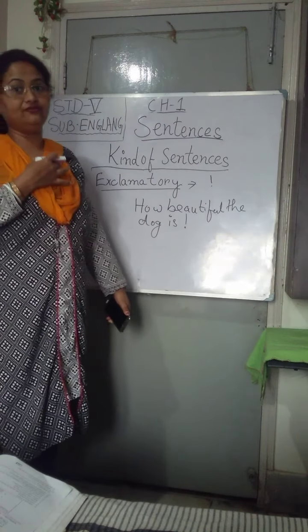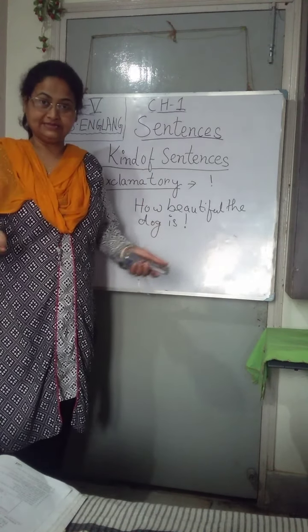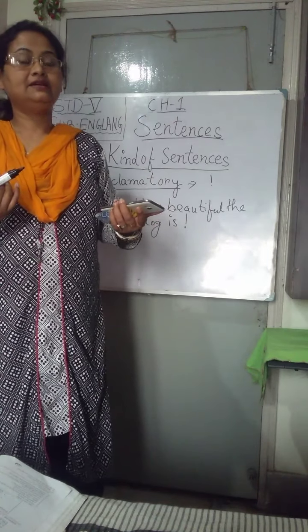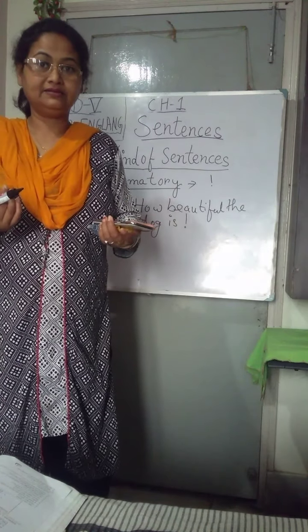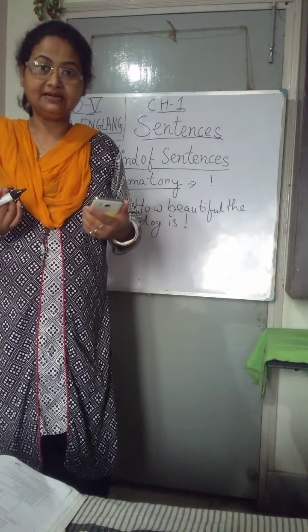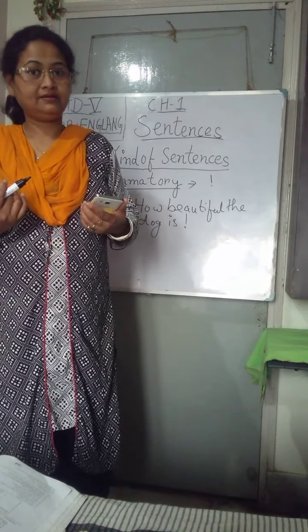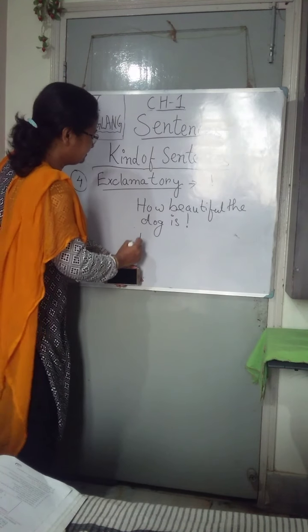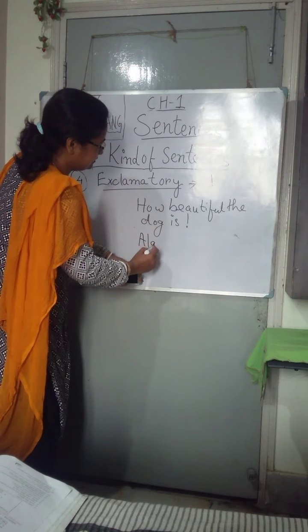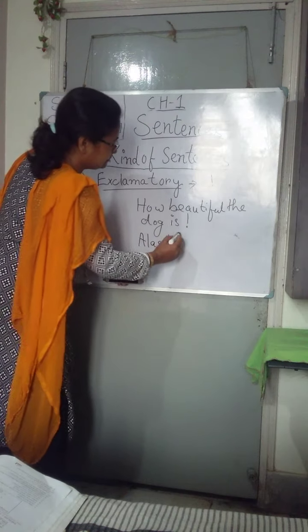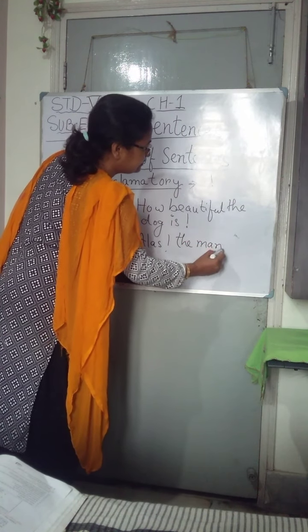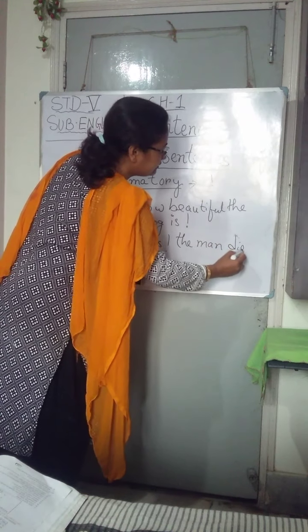It's an expression of what? Happiness. It may be of sorrow also. Alas, the man died. Alas means here I am sad. Here I am sad. Alas, the man died.